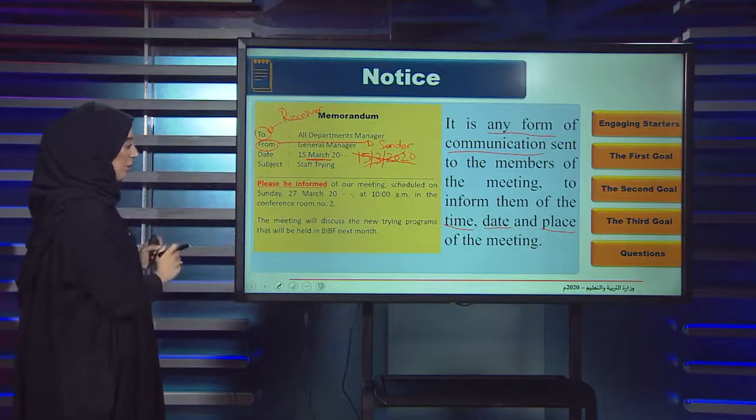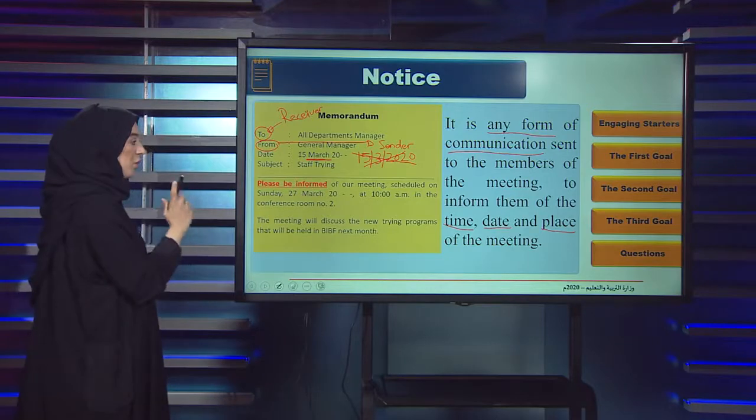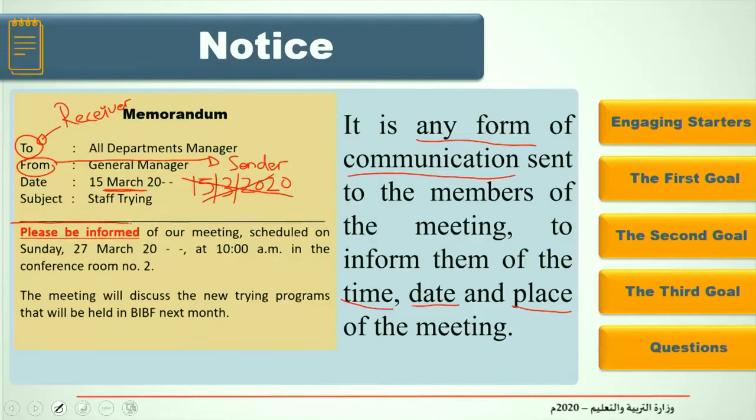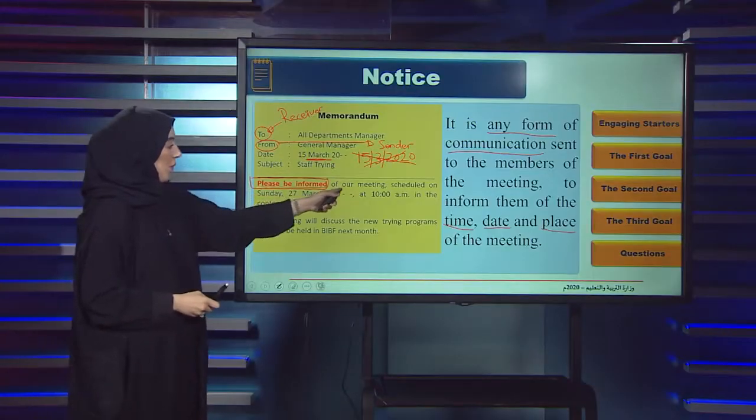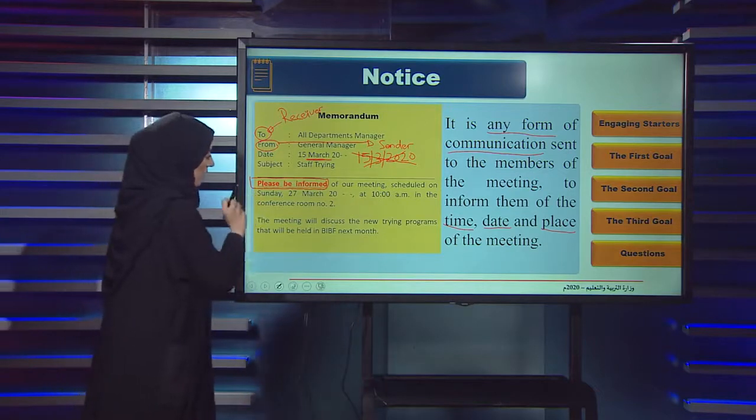Now moving on to the body. Please be informed. This one, you must write at the beginning. And then you're going to write the other criteria, which are the time, date, and place. So please be informed of our meeting scheduled on Sunday, 27 March.